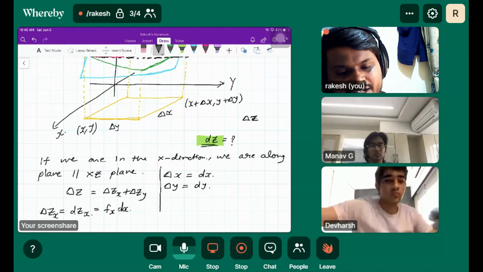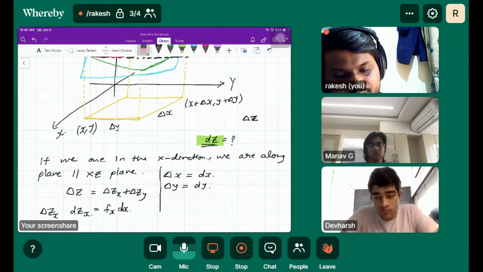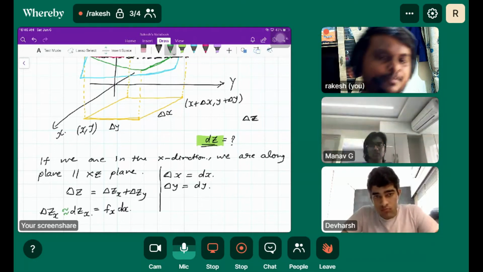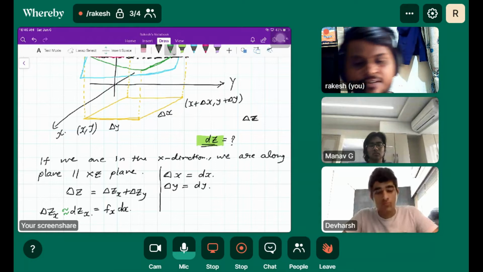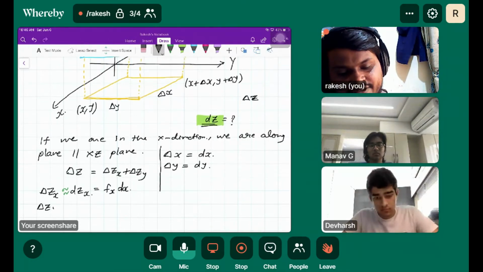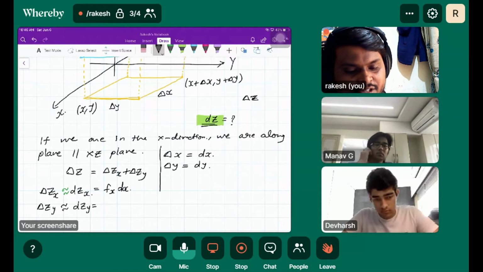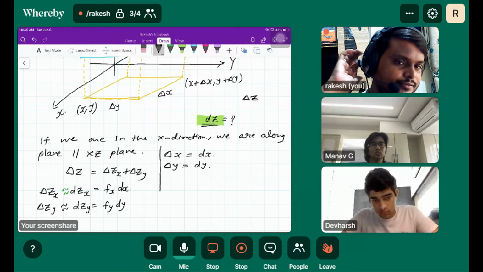We have been discussing this previously for one independent variable. It is an approximate value, not equal to, right? Now similarly delta zy is approximately equal to dzy, and the formula is fy dy. Is that clear?